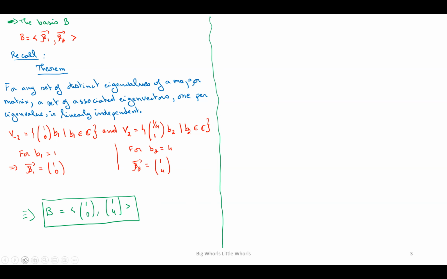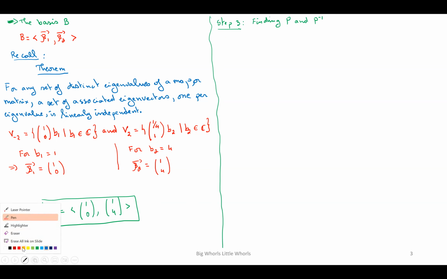Okay, step 3. Finding P and P inverse. Before we can find P or P inverse, let's write our diagram down. So let me say the following.